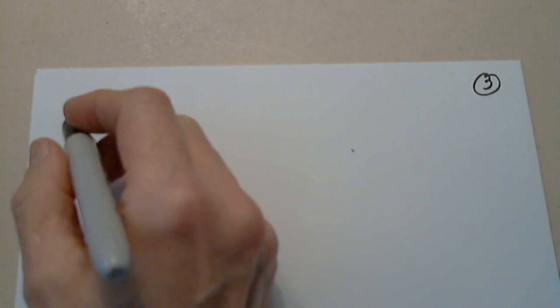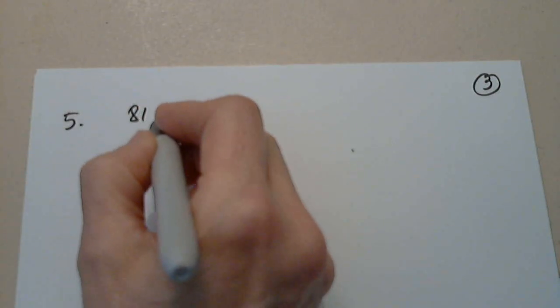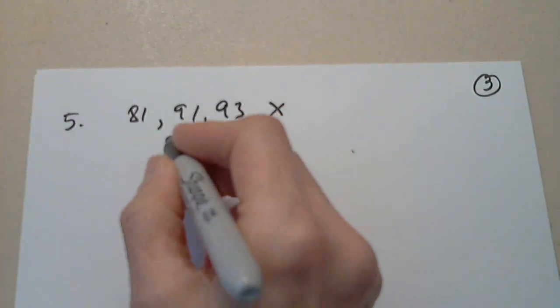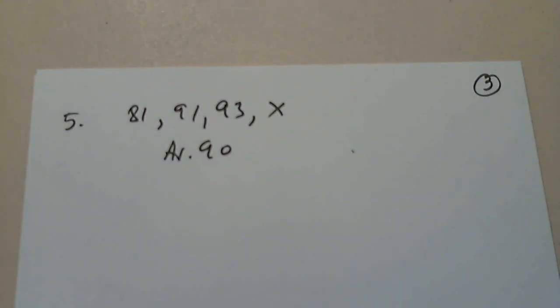Okay, here is problem 5. Mira's test average is based on 4 exams. So far she has test scores 81, 91, 93. What score will she need on the 4th exam to get an average of 90? So this is problem 5: 81, 91, 93, an average of 90.